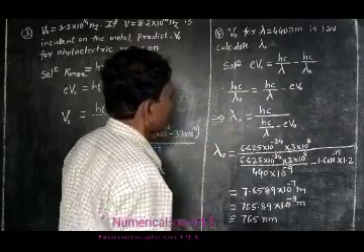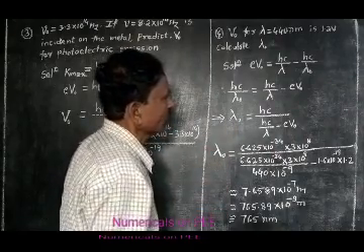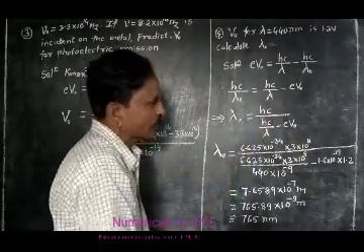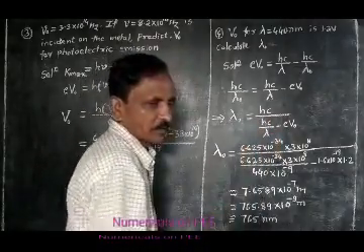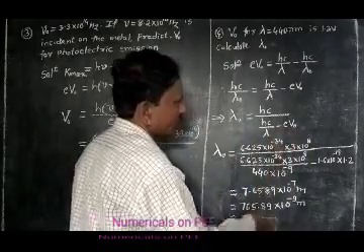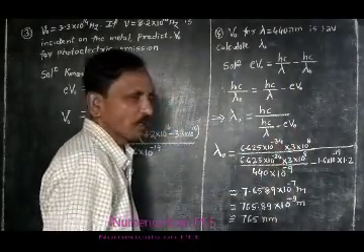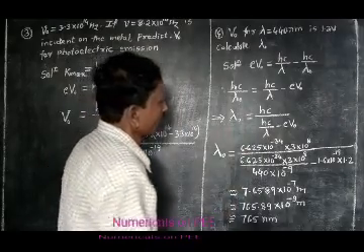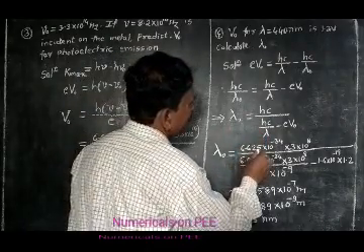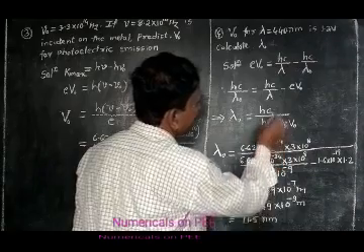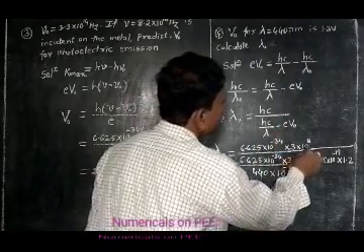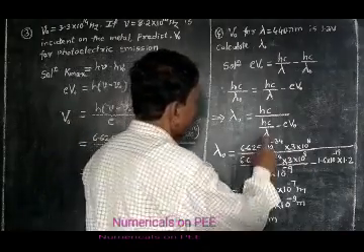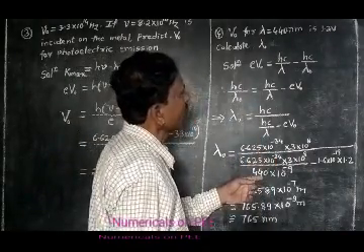Clear? Now we can't cancel any common terms, because there is subtraction between these two terms. Therefore substitute all the values. h is 6.625 into 10 to the power minus 34 and c equal to 3 into 10 raised to 8 meter per second, and lambda is 440 nanometer.